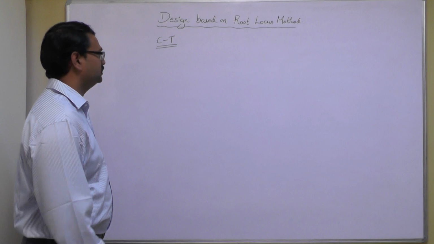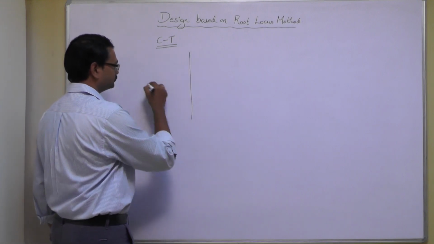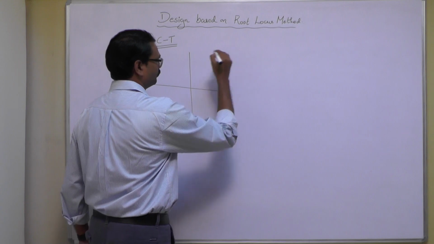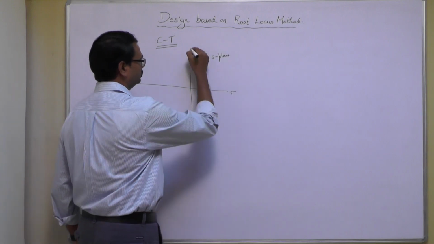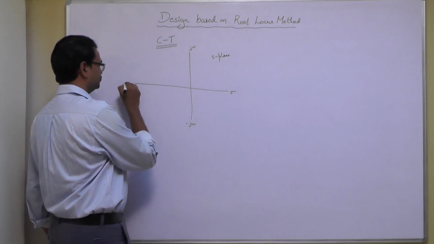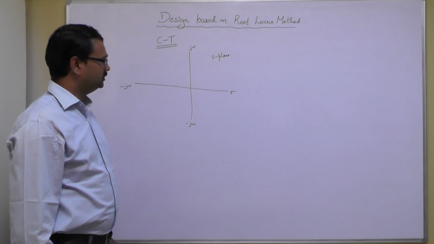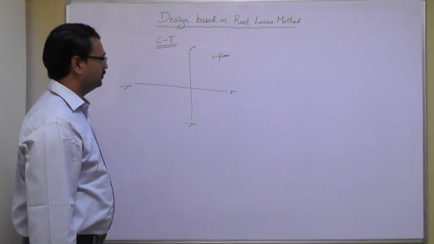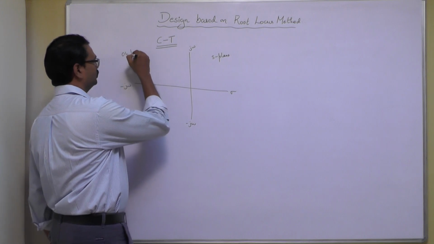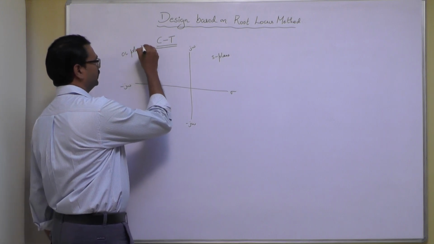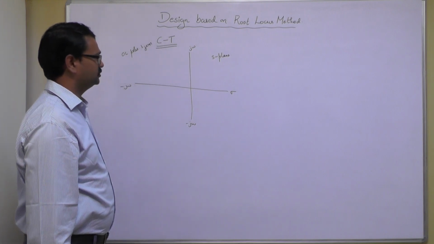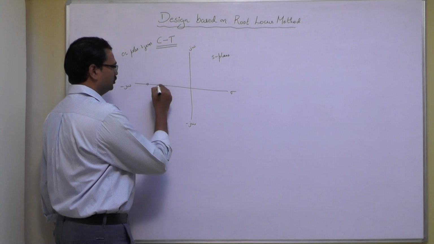In the S plane, you have the axis sigma, the real axis, and j omega, the imaginary axis, and we try to locate the open loop poles and zeros in the continuous time system.